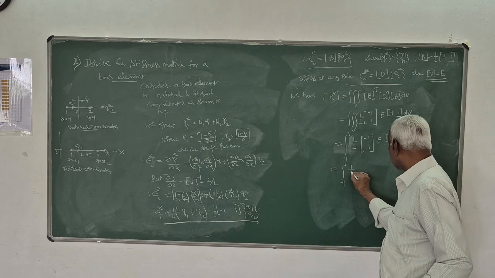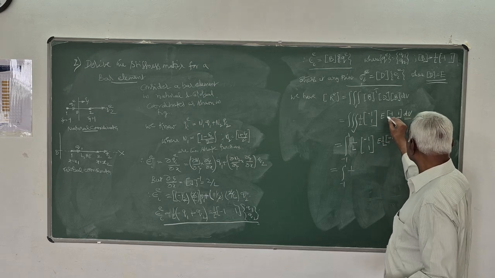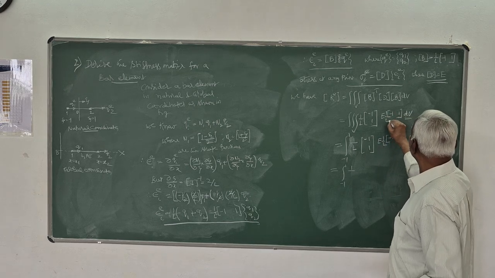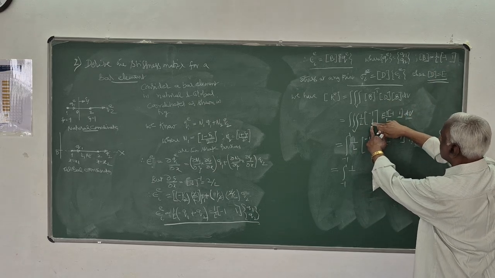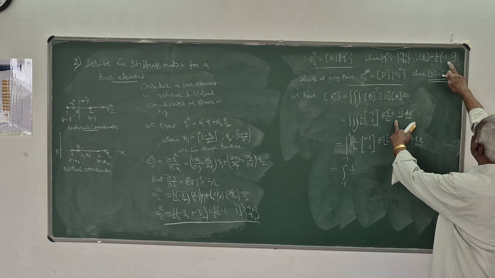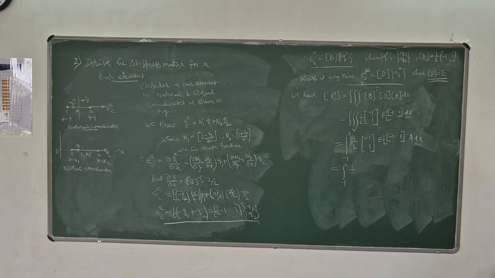So this is nothing but 1 by L; I had forgotten this. 1 by L into B transpose is 1 by L into minus 1, 1, and B is again 1 by L times minus 1, 1.